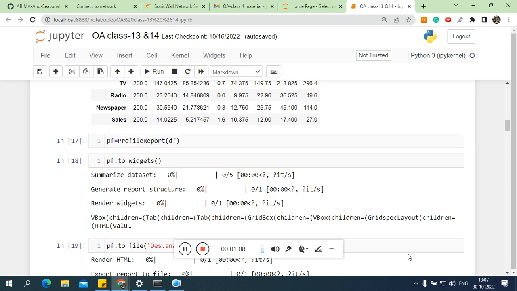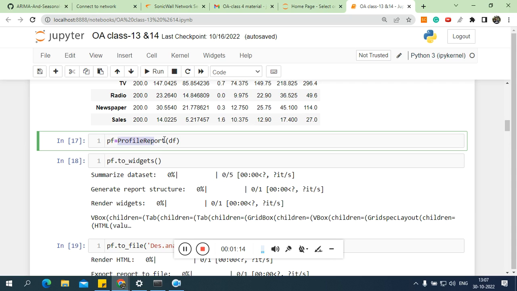And there is the pandas profile that we use. So ProfileReport of df. In pandas profiling you need to write ProfileReport, then pass your data, and it will automatically make the report of the entire data set, means the entire stats analysis you will get there.